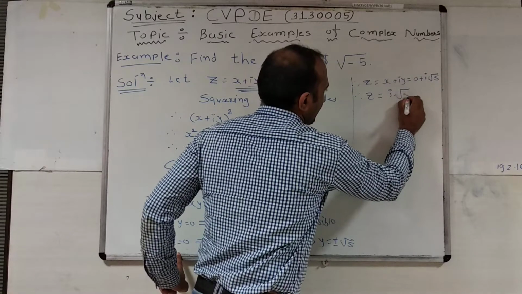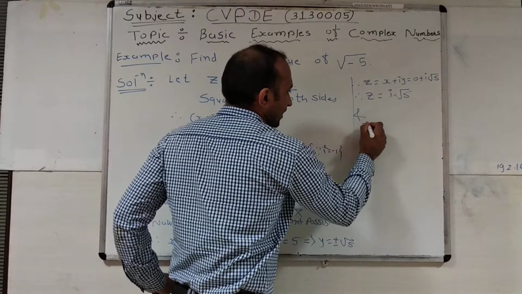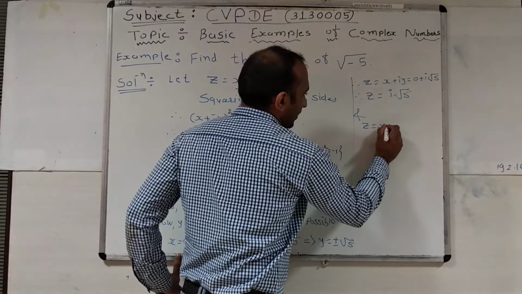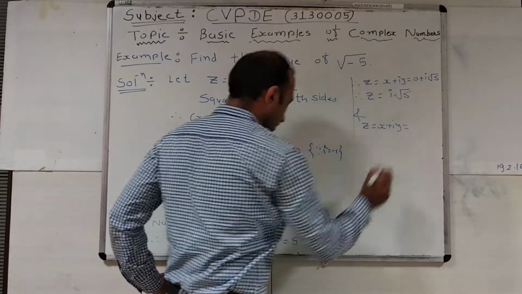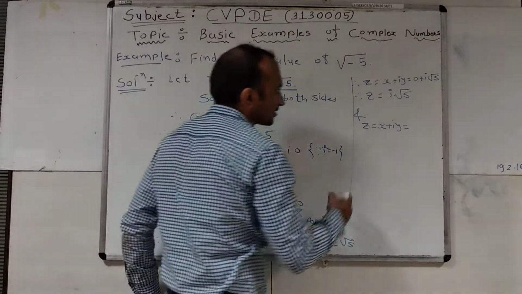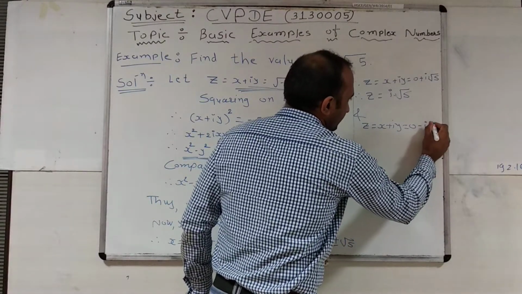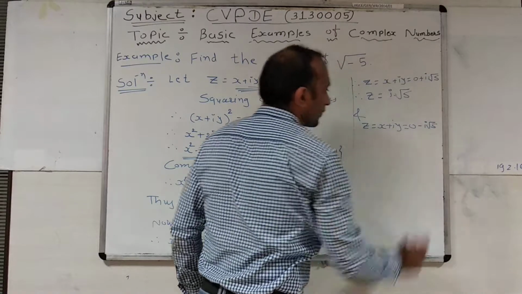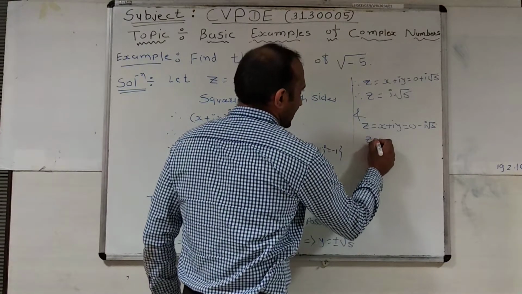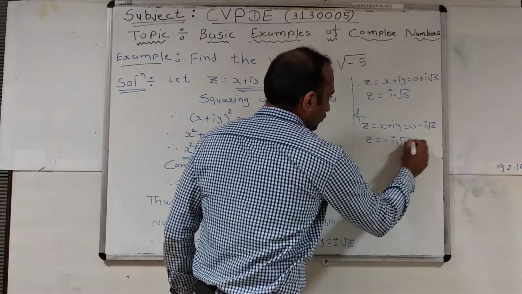And z equal to x plus iy, now we take x as 0 and for y the opposite sign, so 0 minus i root 5. Therefore z equal to minus i root 5.